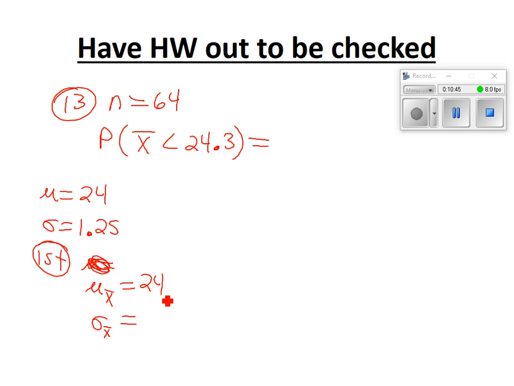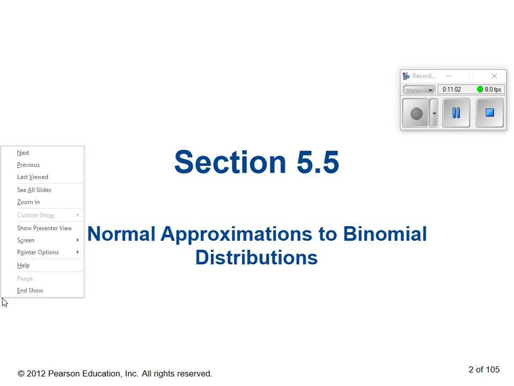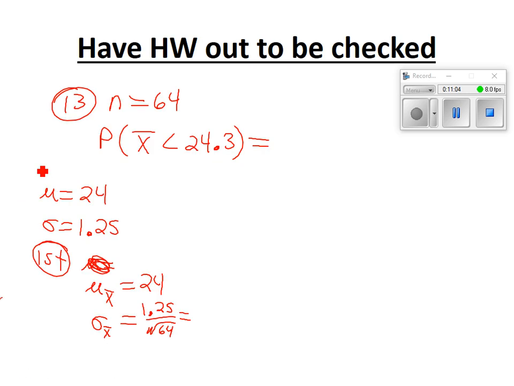The standard error of the sample means, we do what we did a second ago. We take 1.25 and divide it by what? Square root of n, which is 64. Somebody do that for me. 0.16. What should happen to the standard error?